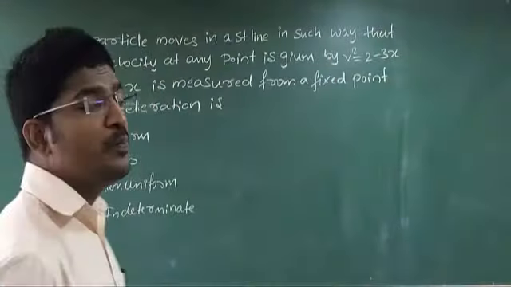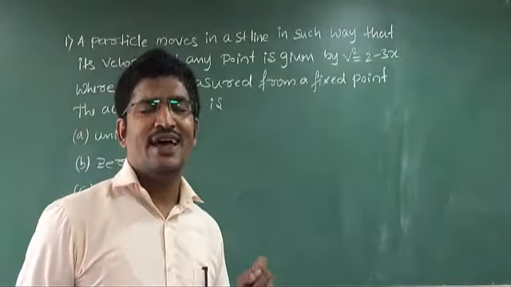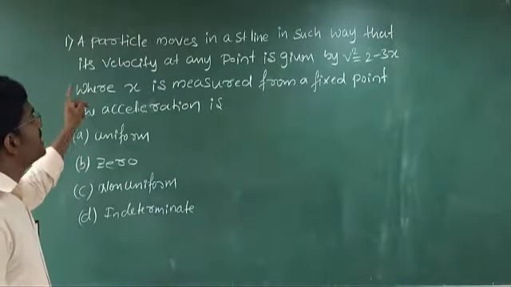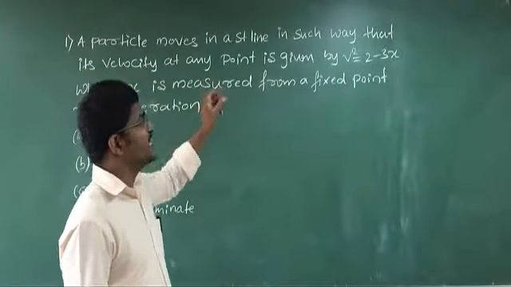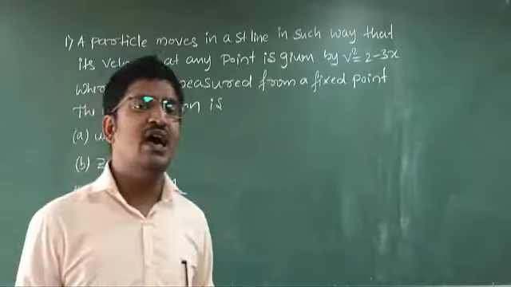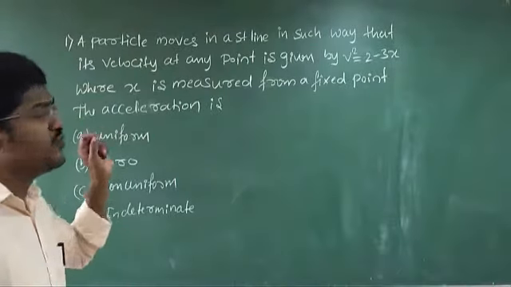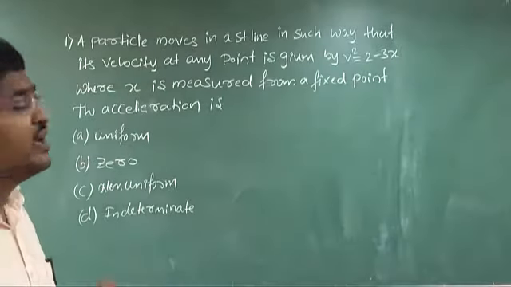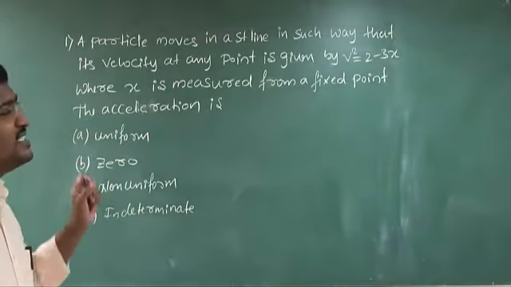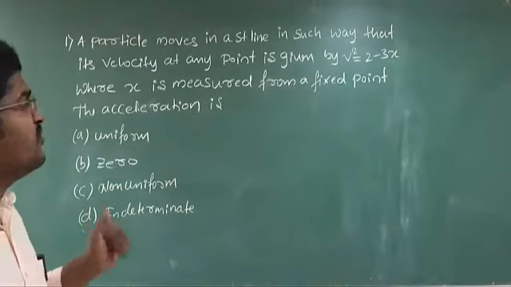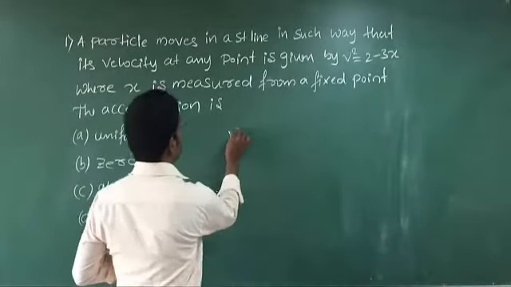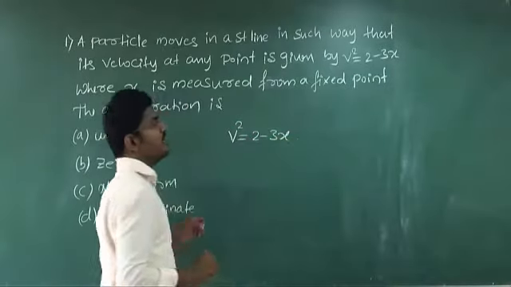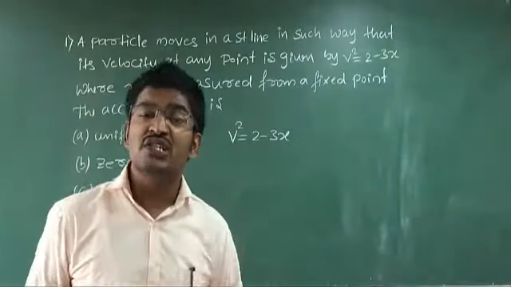Here a particle moves in a straight line in such a way that its velocity at any point is given by v square equal to 2 minus 3x. That means they have given the function of velocity.